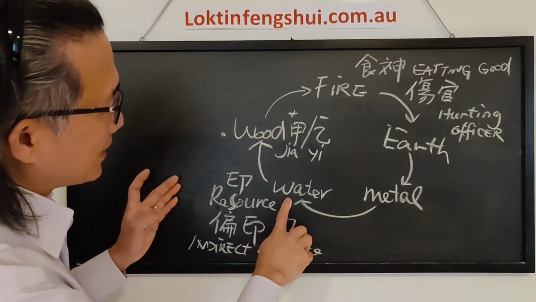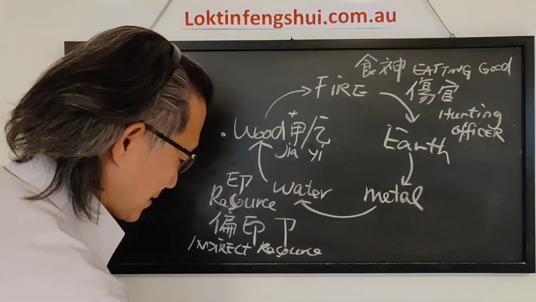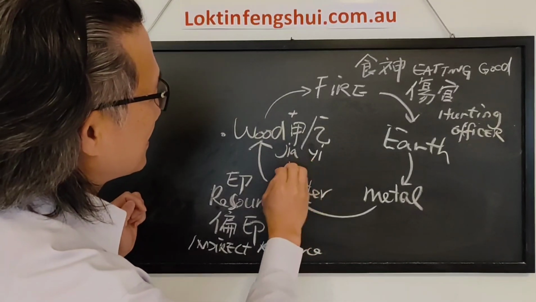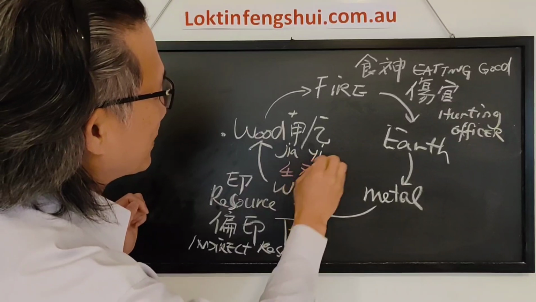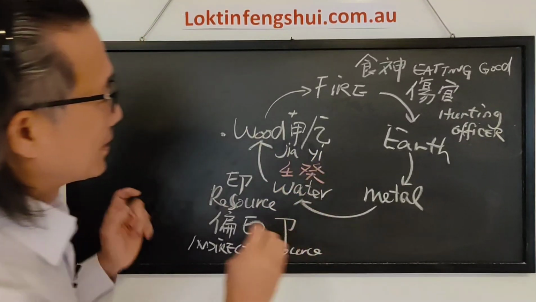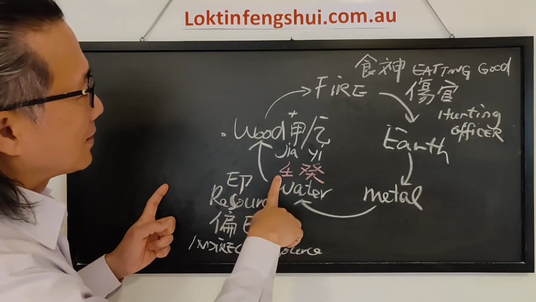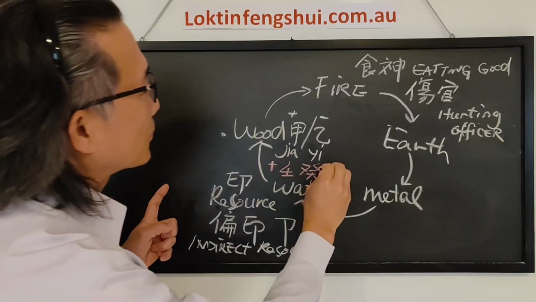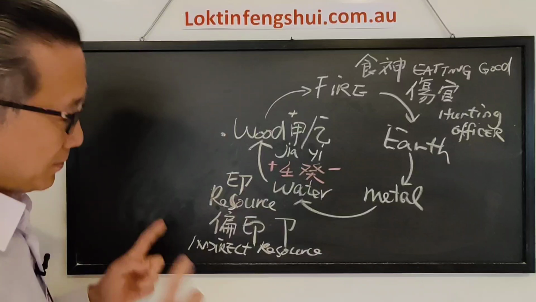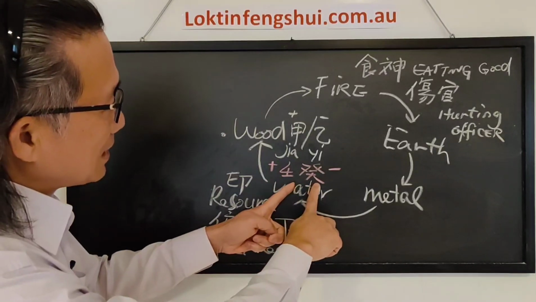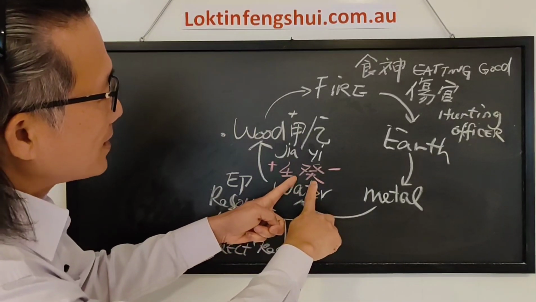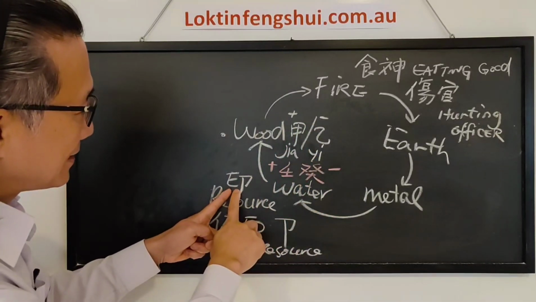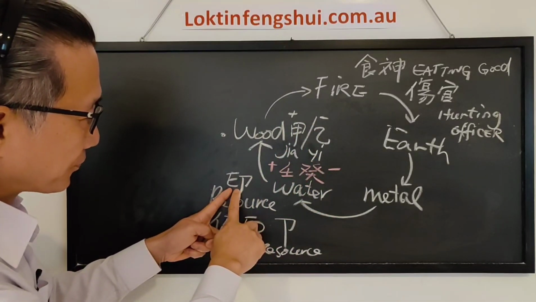And for water, we have Ren and Gui. Ren is yang and Gui is yin. So if yin water produces yang wood, it is called resources.